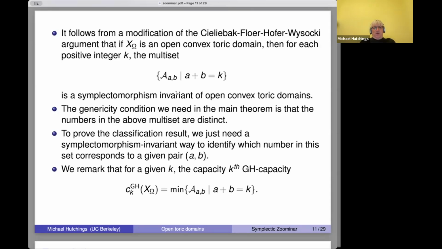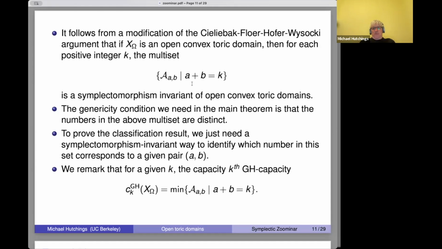So the upshot is it follows from that kind of argument that these action values A_AB, given a constraint A plus B equals k, which corresponds to the Conley-Zehnder index, this multiset is a symplectomorphism invariant.